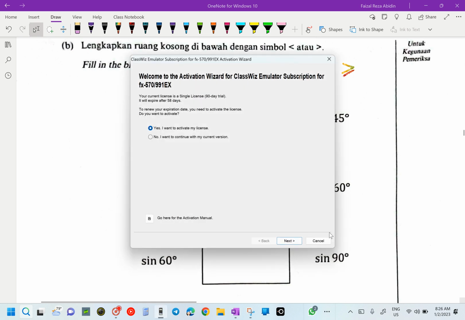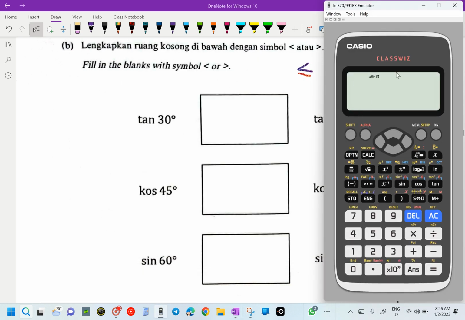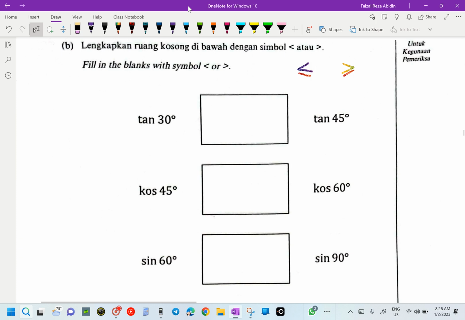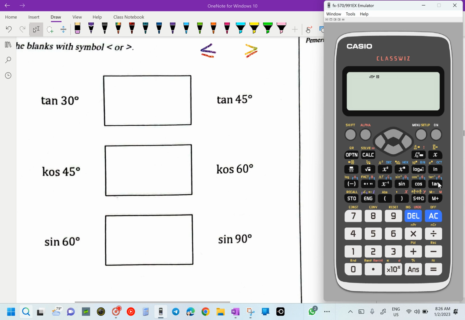Yes, use your weapon here. First, tangent 30 degree. We are going to find tangent 30 degree equals. How to find it? This is the calculator that I don't like. If I want to find it, where is it? This one. Sorry, I'm not familiar. I am familiar with my 570 MS. Okay.